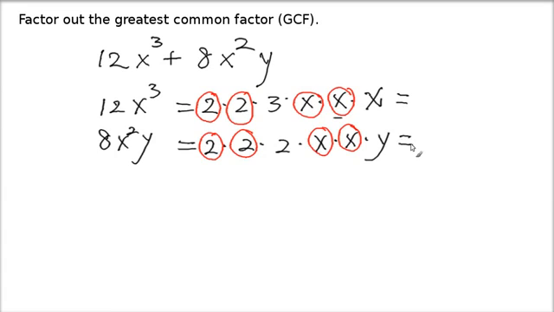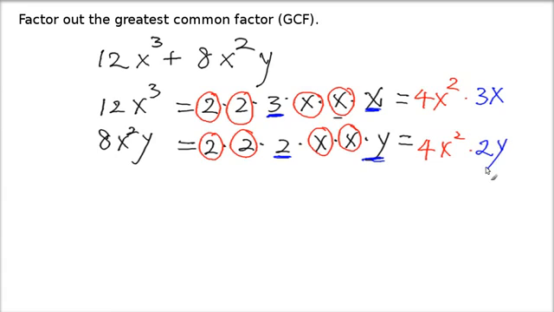So the first term and the second term, they are products of 2 times 2 times x, which is 4x squared, and the remaining factors. See, the factors not circled, 3 is remaining, x is remaining. Their product is 3 times x. And 2 and y, they are remaining factors of the second term.